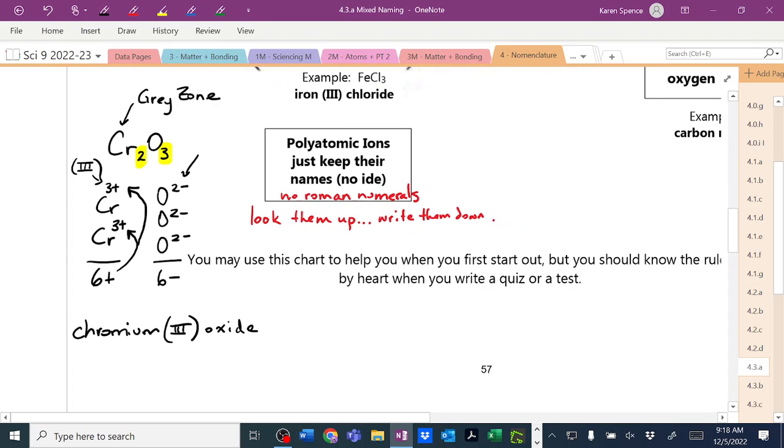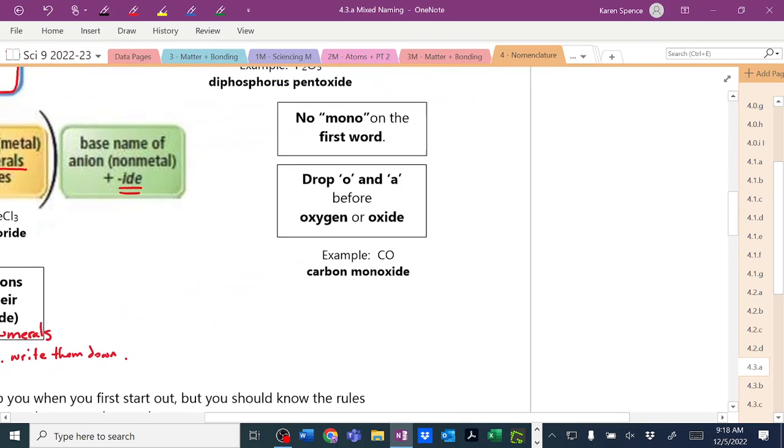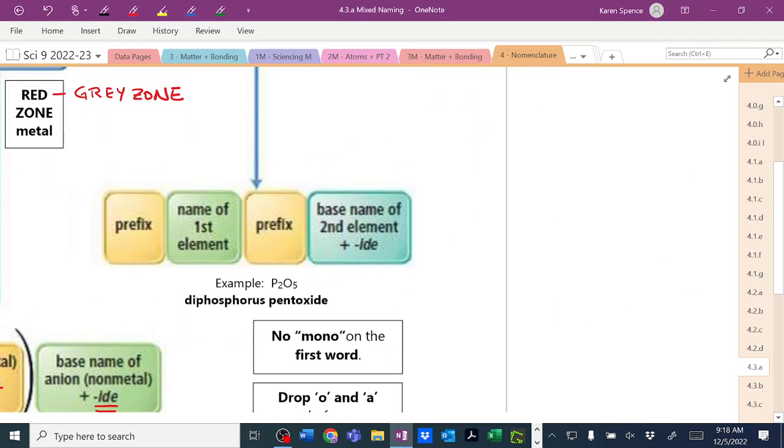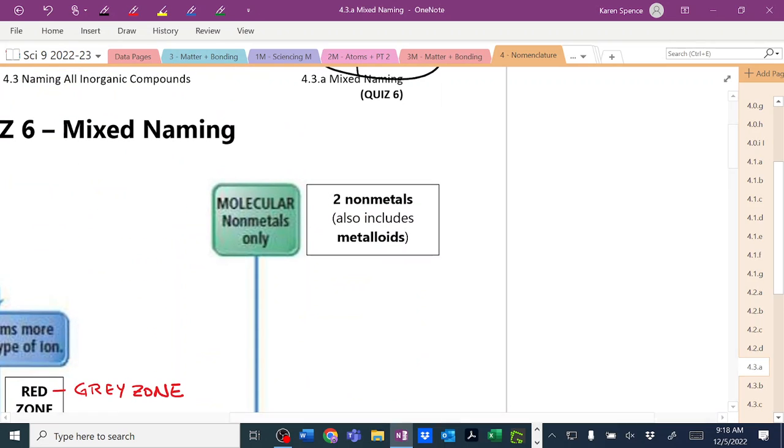So there we are. That's all of our ionic compounds. Now, if it is just 2 nonmetals, not 3 nonmetals, because if you have 3 nonmetals, it's probably NH4Cl or something like that. That has 3 nonmetals.